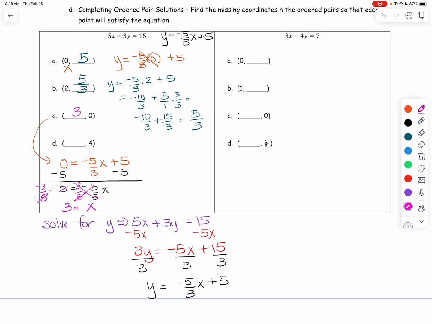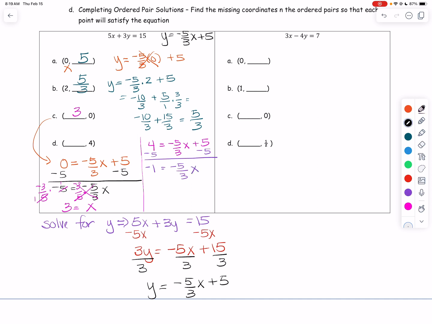All right, I do the same thing for this one. I'm going to have to do a little bit of work here. So this time I'm given 4, that's y, is equal to negative 5/3 x plus 5. I subtract 5, and I get negative 1 is equal to negative 5/3 x.